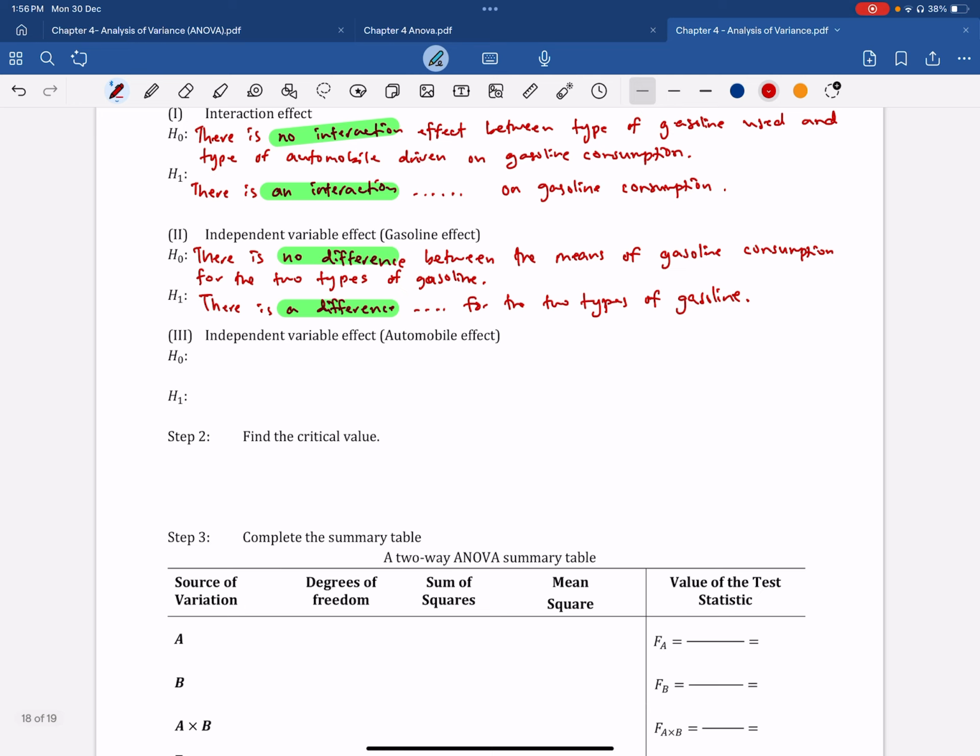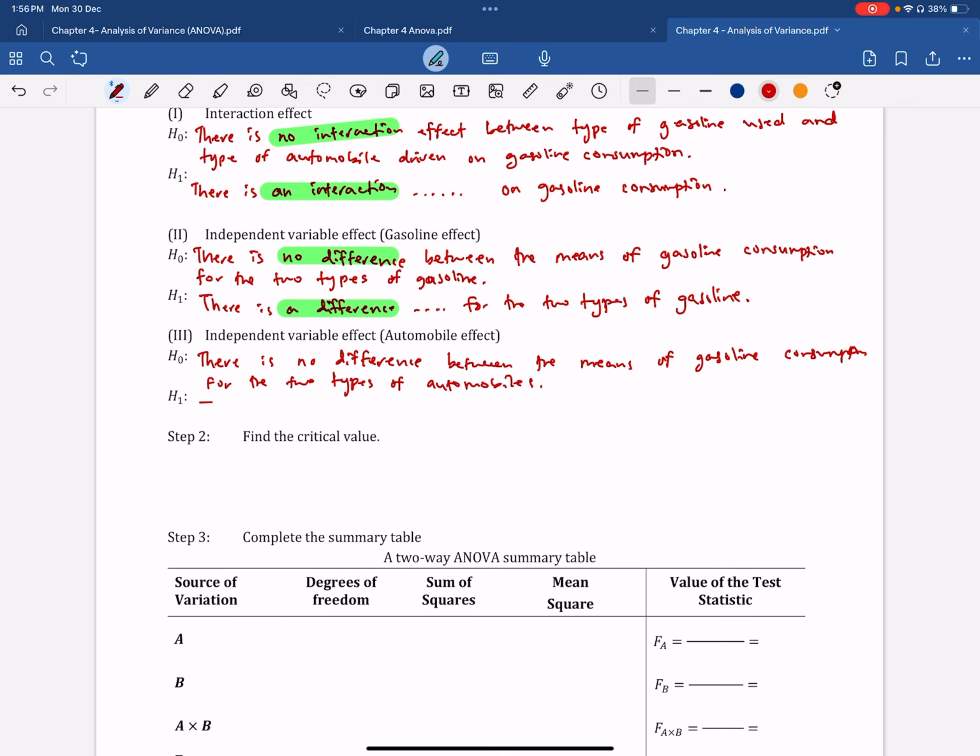For automobile effects, for the null hypothesis, there is no difference between the means of gasoline consumption for the two types of automobile.